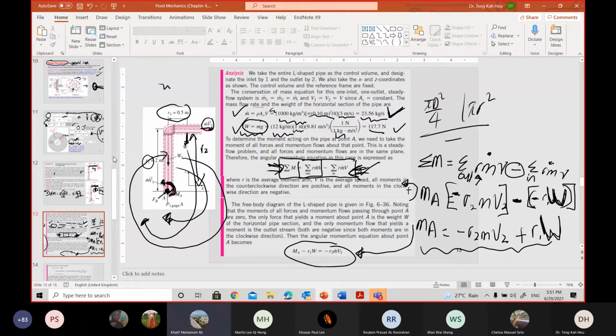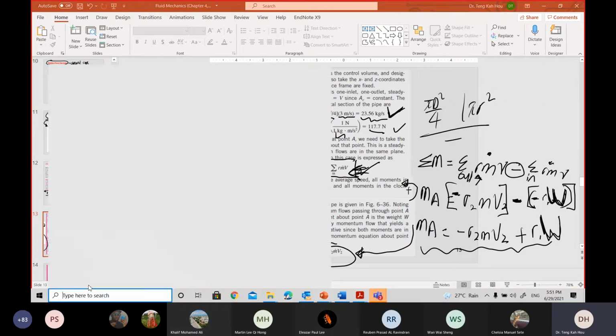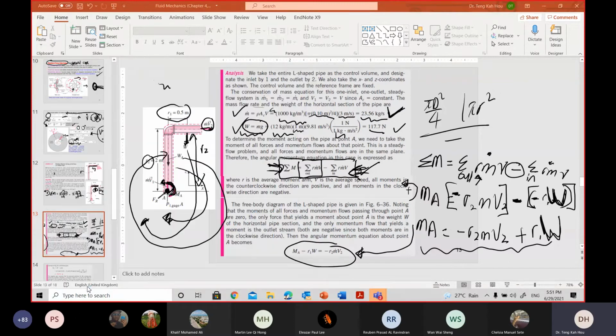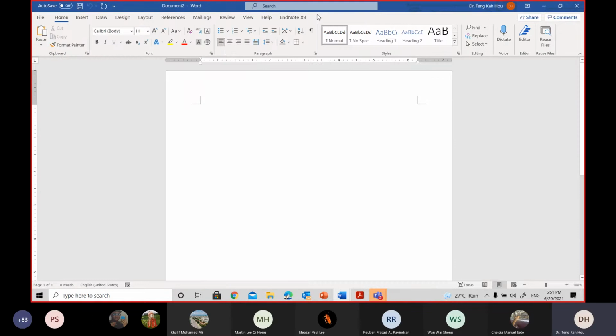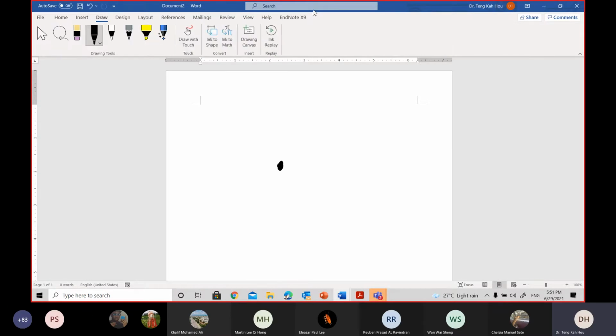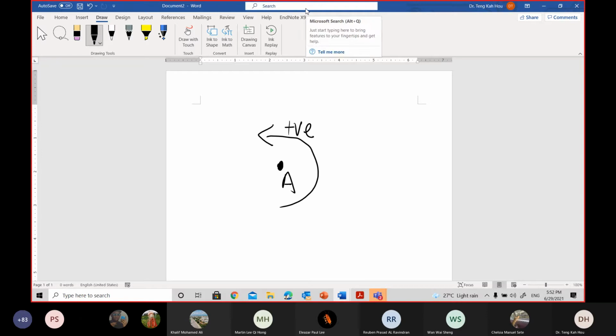Why is it minus? Perhaps I need to write it down another way. So just a recap from your statics. If this is my point A, a force moving in this direction is positive. A rotational or angular force in this anti-clockwise direction is positive.